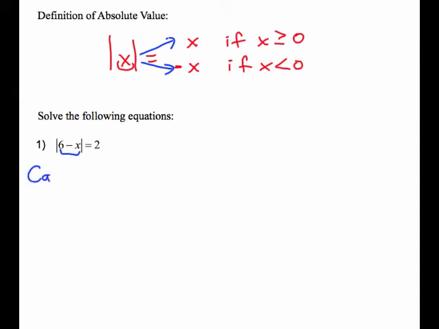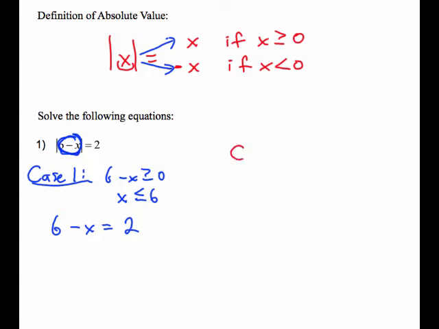So case 1, when the inside is positive, 6 minus x is greater than or equal to 0. That would mean that 6 would make it 0. So if x was actually less than 6, the inside would be positive. Okay? And therefore, the absolute value of something positive is that expression itself, equaling 2.